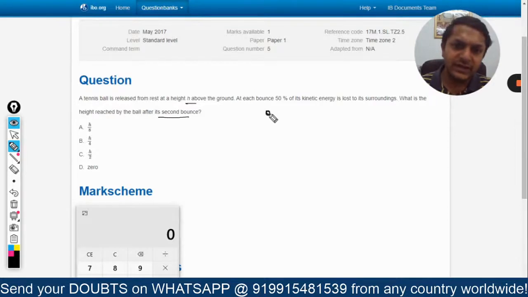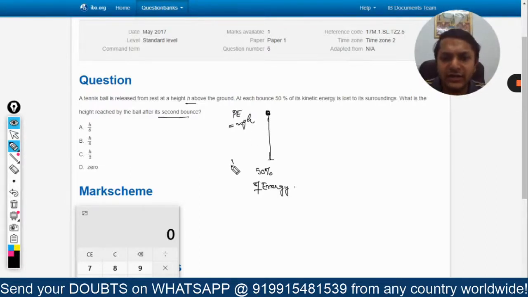So basically, this is the ball, and it goes down, and after that, 50% of the energy is lost. Let us say the potential energy initially was mgh, and now the kinetic energy is half mv square, and whatsoever 50% is lost.